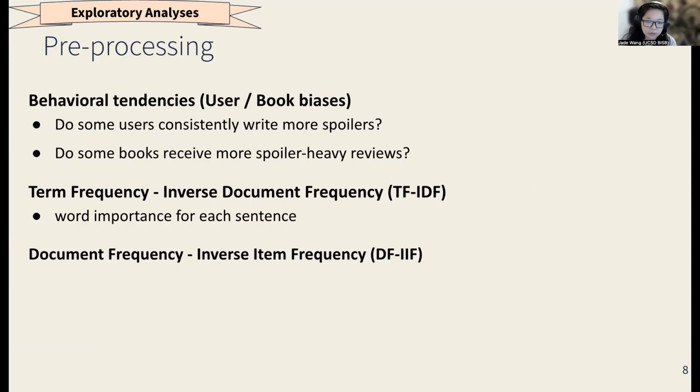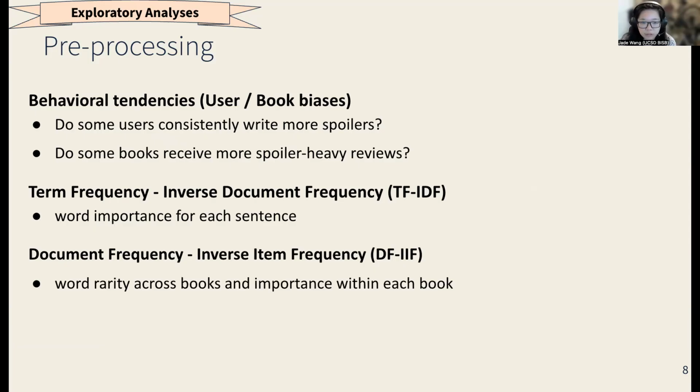And we also looked at document frequency, inverse item frequency, which looks for rare words. That is important because usually a word that is unique to a book, like a name or location, could be indicative that a user is about to start talking about spoiler contents.